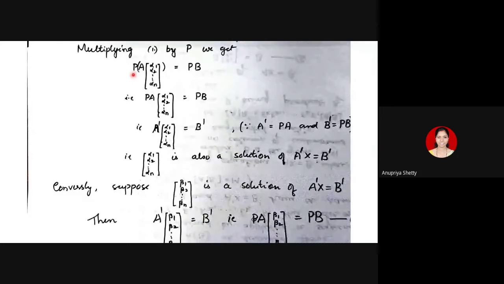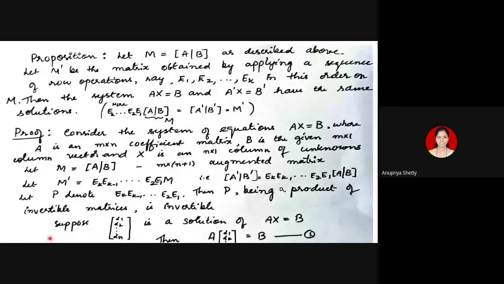If you are multiplying here on the left, here also it is on the left, because we know A into this column is the same as b. Now the associative law you can use, combine P and A together. Earlier it is A into this column, now combine P and A. What is P into A? We'll refer to that. P is nothing but the product EK minus 1, etc., E2 into E1.